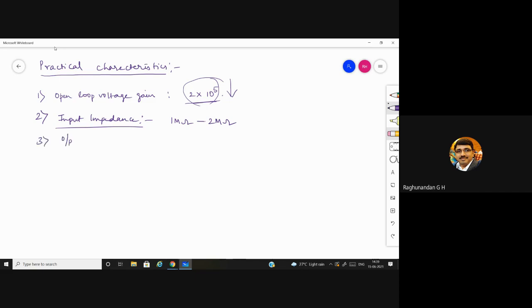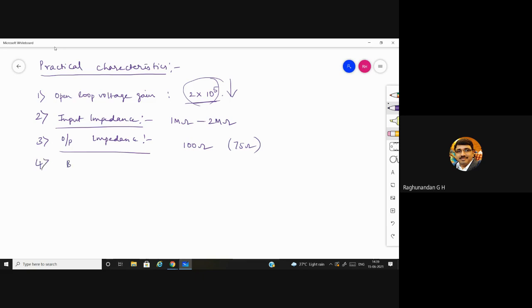Next, the output impedance. We were telling it is 0, but it is not 0, though it is minimum. It will be nearly 100 ohm, at least some 75 ohm it will be there.